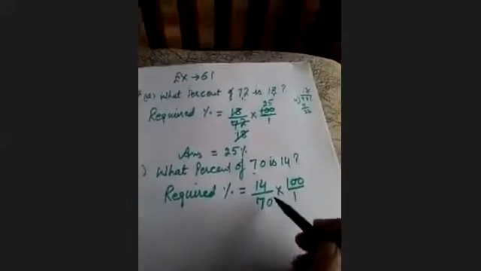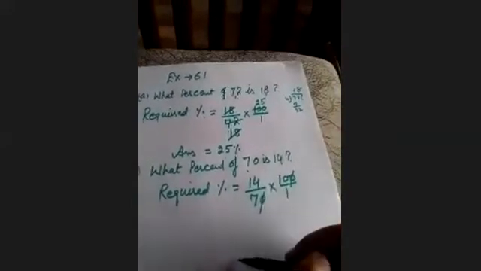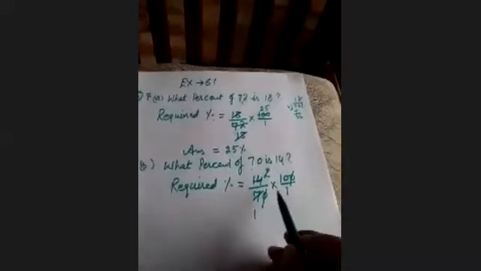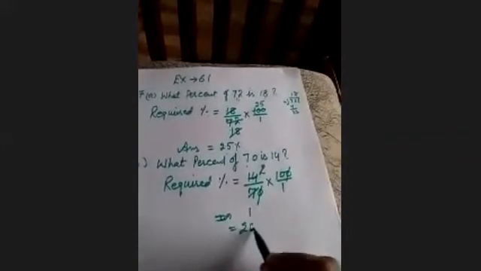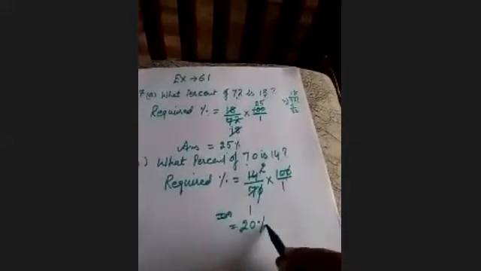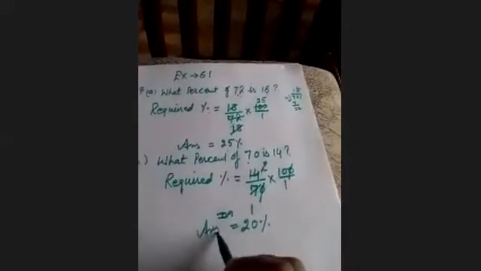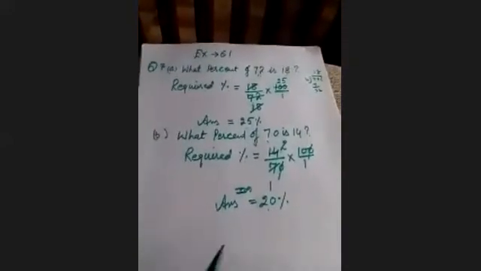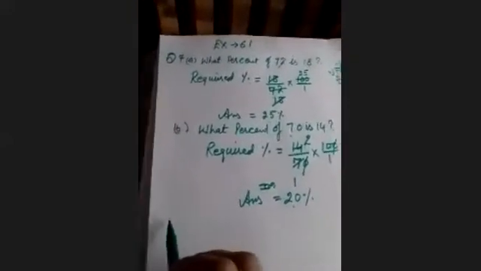Now students solve. 0 and 0 cancel. Now 7 1s are 7, 7 2s are 14. Now 2 multiplied by 100 is 20%. So our answer is 20%. Clear, students? Next is part C.